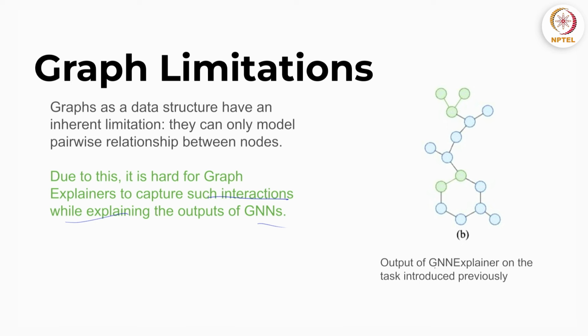GNNExplainer is one of the first explainers that came out for graph representation learning. On the task introduced before, we see that GNNExplainer only gets 2 of the nodes correct from the benzene ring, and the rest are spurious correlations. These kinds of problems are inherent in explainability, and our work Forge tries to mitigate some of them.